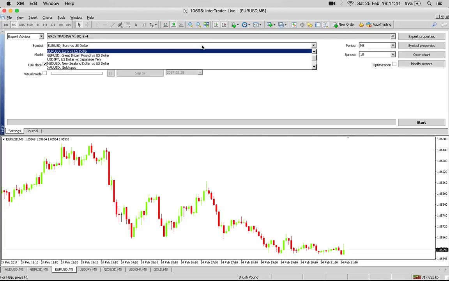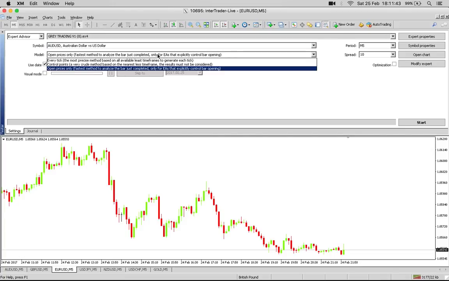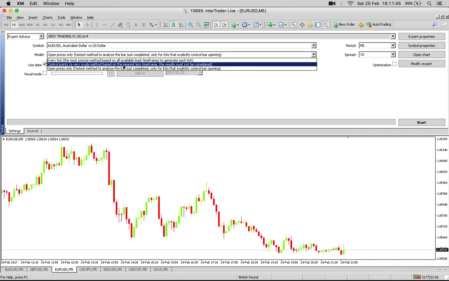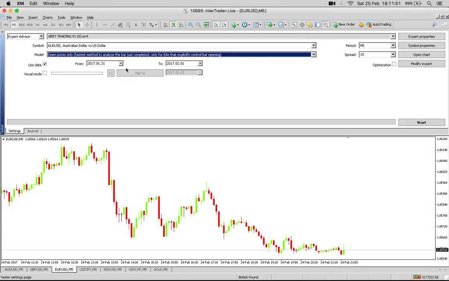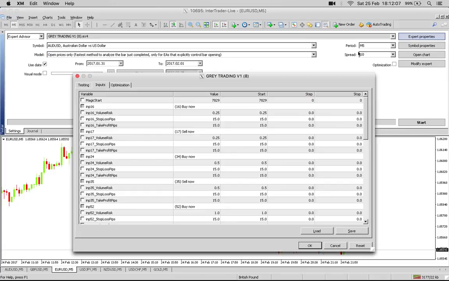We then select Aussie dollar, and it doesn't really matter whether you click open price, control points or every tick, it works out exactly the same, because of the way the algorithm is, it's not affected by tick data. So we're going to use open prices because the algorithm has to do quite a lot of calculations.